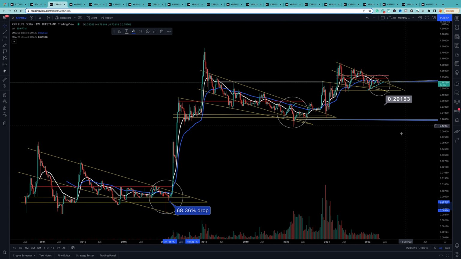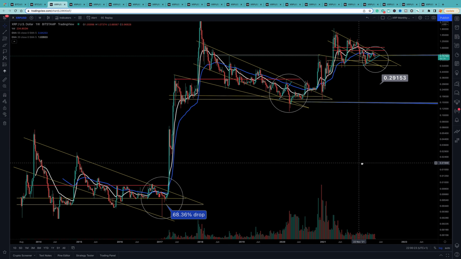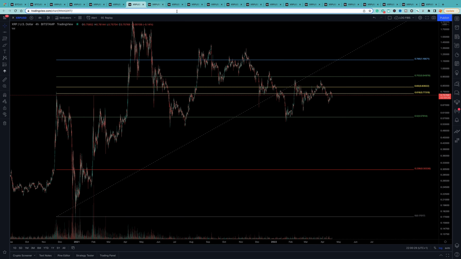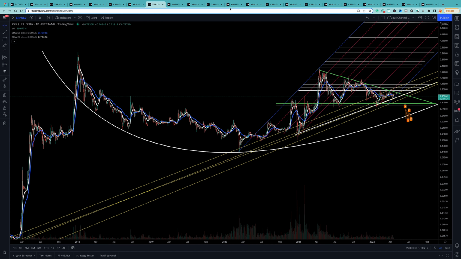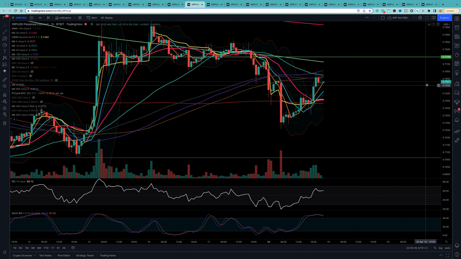When all your TA fails, so to speak, when all the indicators fail or they get very messy, it gets very messy here because there are so many moving averages mixing together that it gets very difficult to read them.